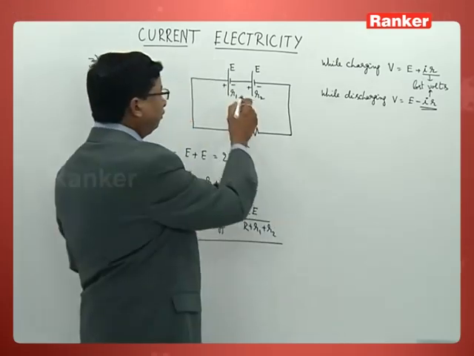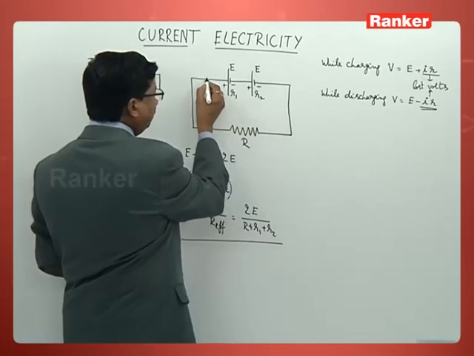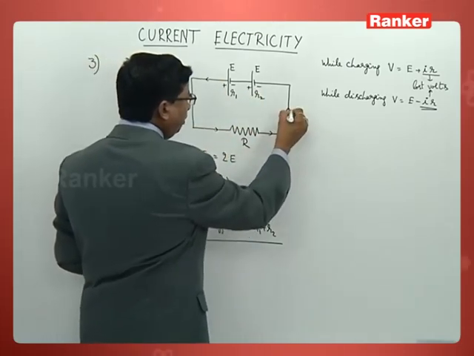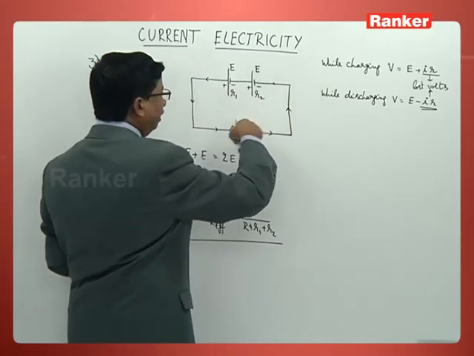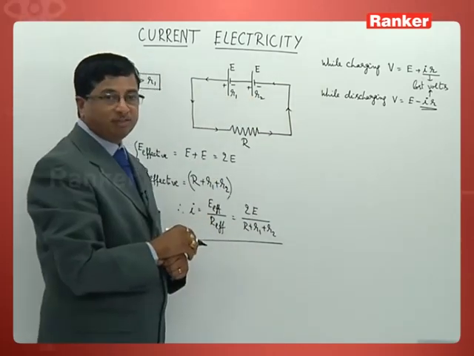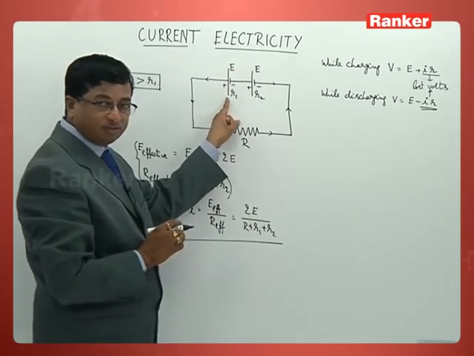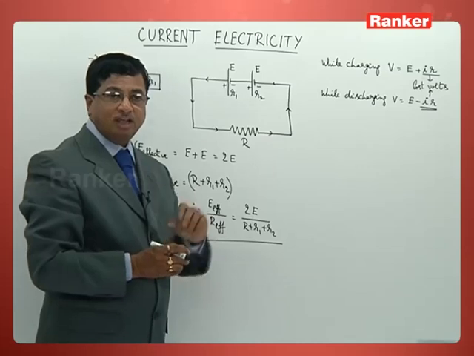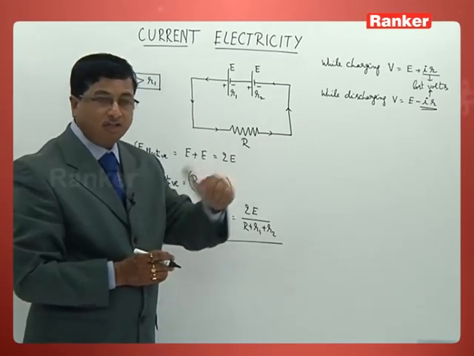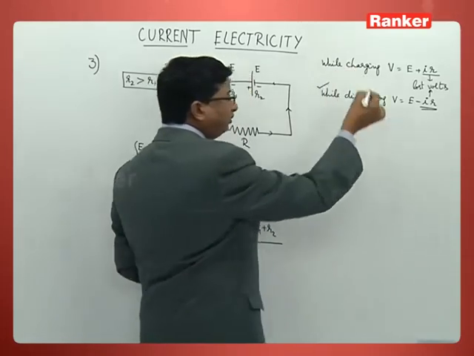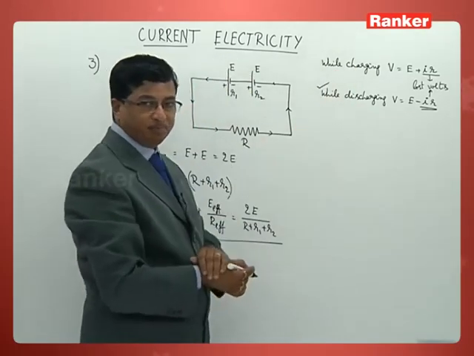These two are connected in series, and current of course will have a direction from the positive terminal of the cell to the negative terminal of the cell. That means either the first cell or the second cell is discharging in this particular case. While discharging, what is the equation I have already written?